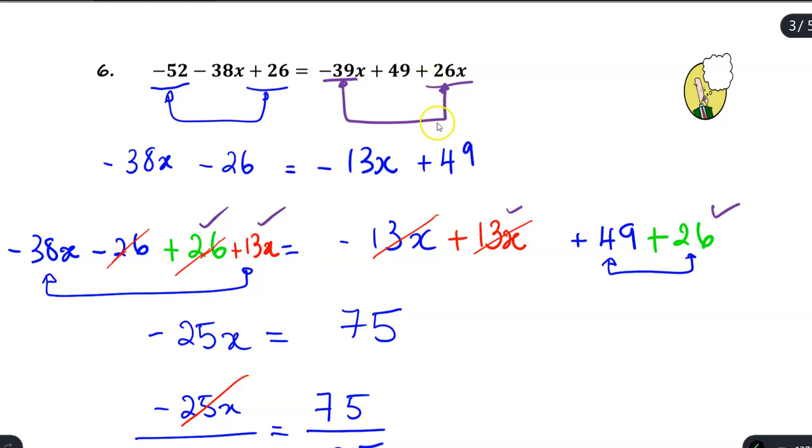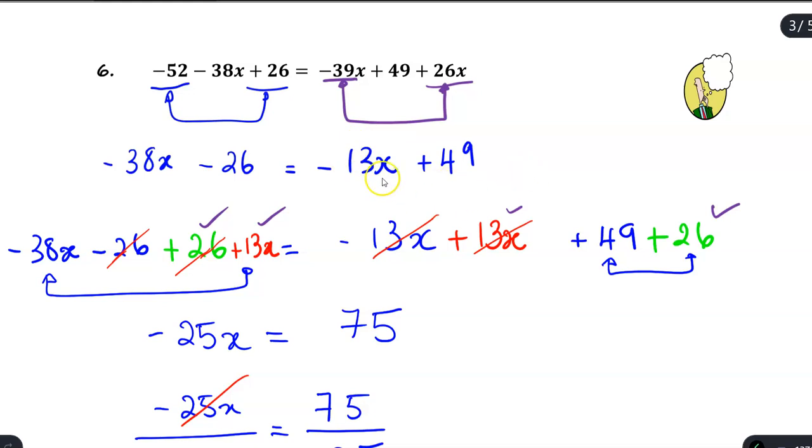Here you can combine the like terms. So after you come up with this, you are going to think that I'm going to isolate the x. Therefore, the 38x, I leave it the same, but the negative 26, I must add 26. Do that on both sides of the equation, because that's what you need to do.